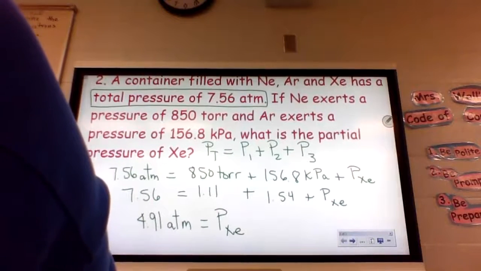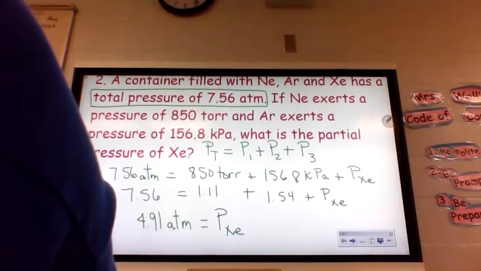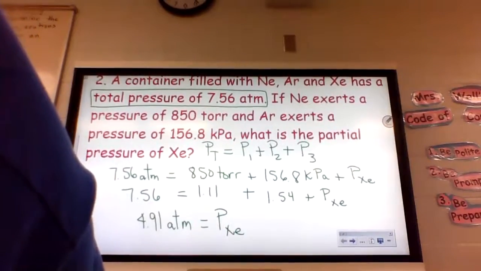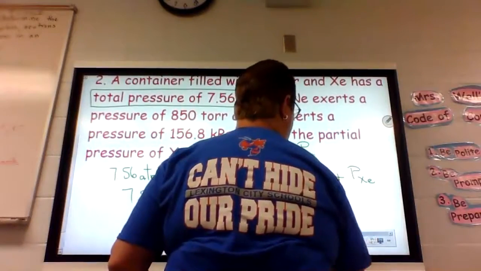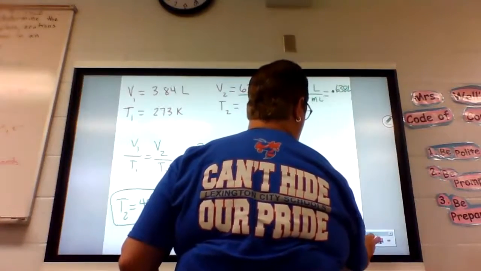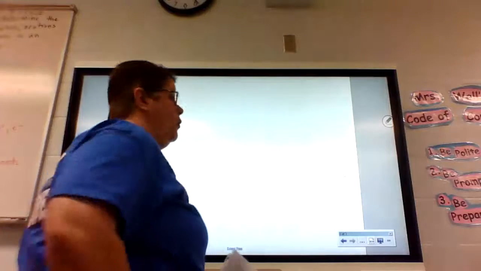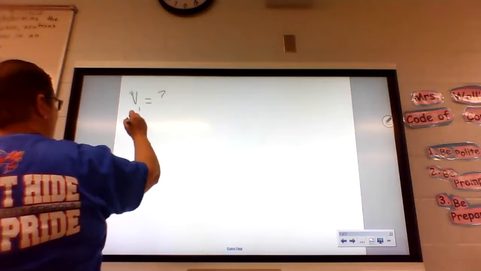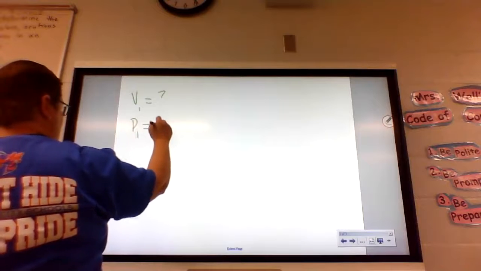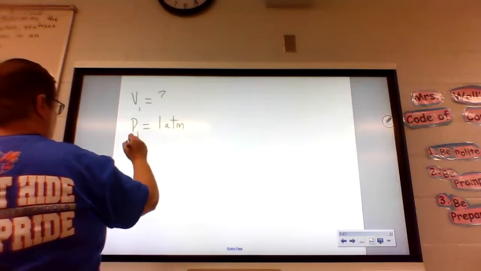Number 5 says, what is the volume at STP? If you did 5 wrong, you probably mixed that up. Since it said, what is the volume at STP, your question mark has to stay with the volume. So if you put your question mark, it has to be with the STP. All right?